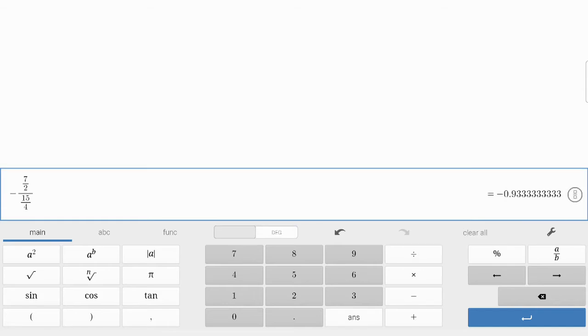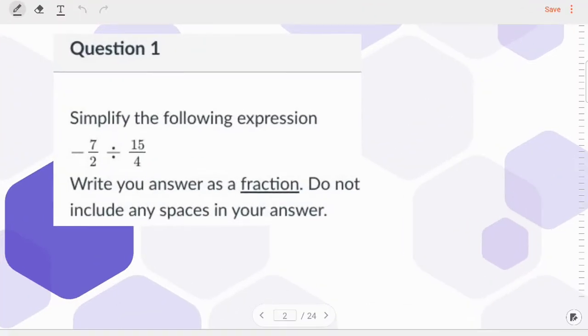Gives us -9.933 repeating. Remember to write our answer as a fraction, so click this button over here. And I have it, and it converts to -14/15. So -14/15.